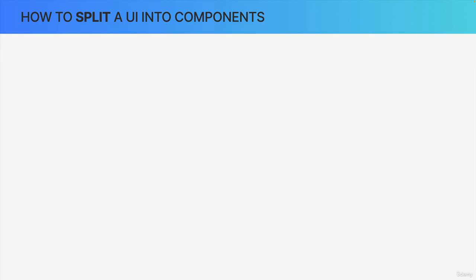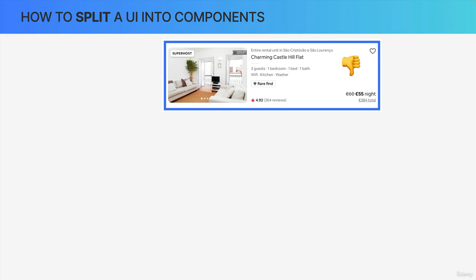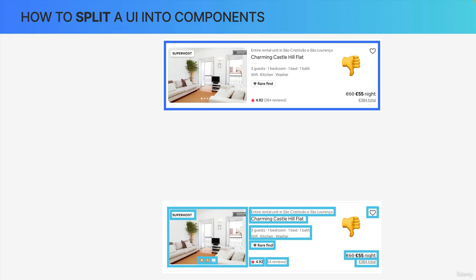So, using the same example as before, first we had this with just one huge component, and then we had a lot of small components. And both these ways of splitting up the UI are far from ideal, for all the reasons that we have talked about. So instead, what we want is something like this.